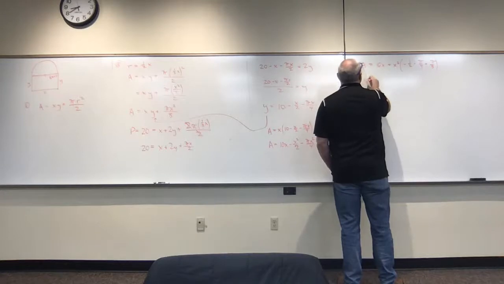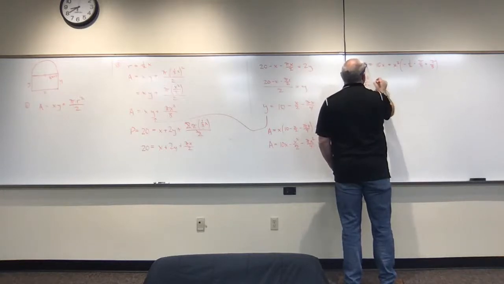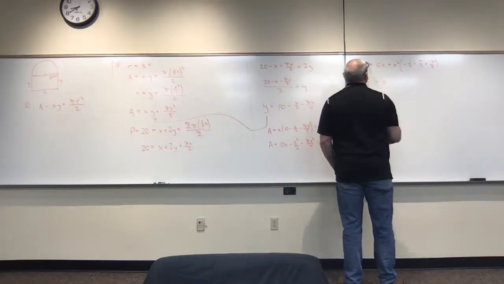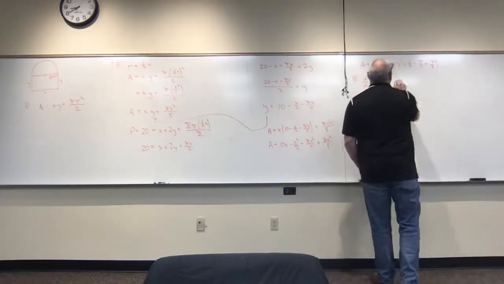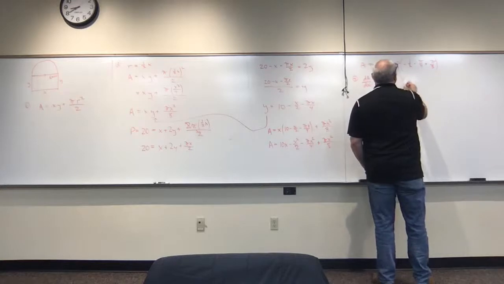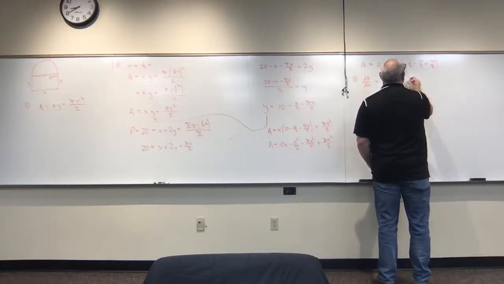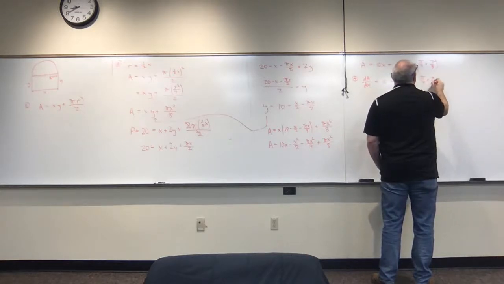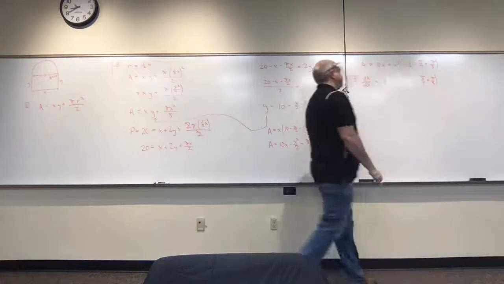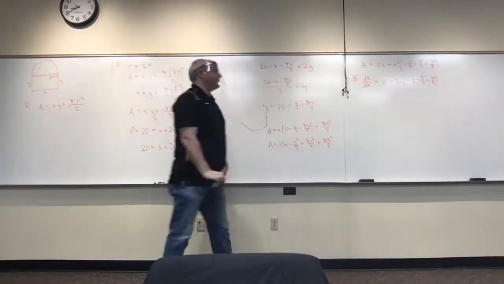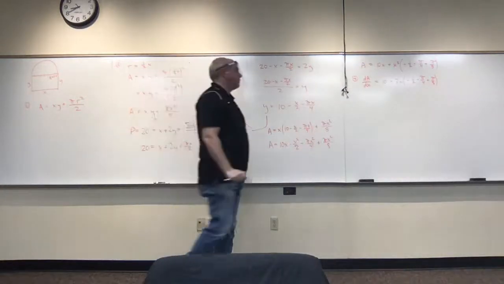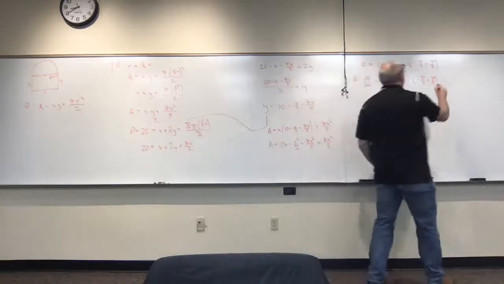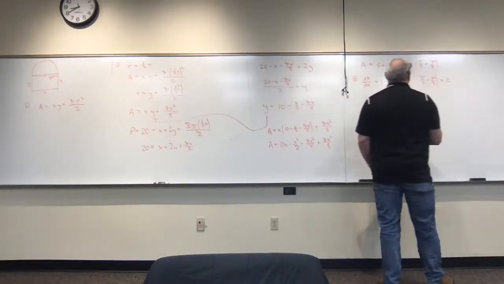So dA/dx is equal to, well, we get 10, and then we get plus 2x times all this constant. Now we want to set that equal to 0 and solve for x. So set equal to 0.